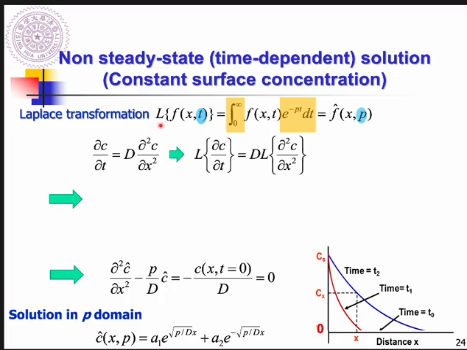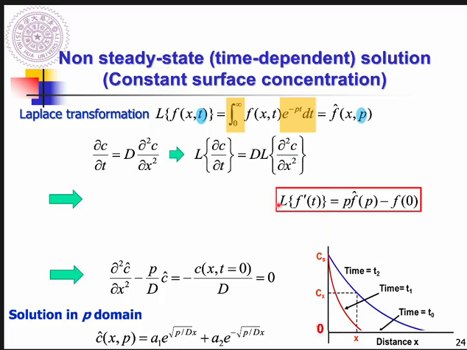So this is the diffusion equation we have here. If I want to perform the Laplace transformation on this diffusion equation, I need to Laplace transform the left-hand side and also the right-hand side. So we assume D is constant, so we take D outside, and the L means that I'm going to do the Laplace transformation on the left-hand side and also the right-hand side.